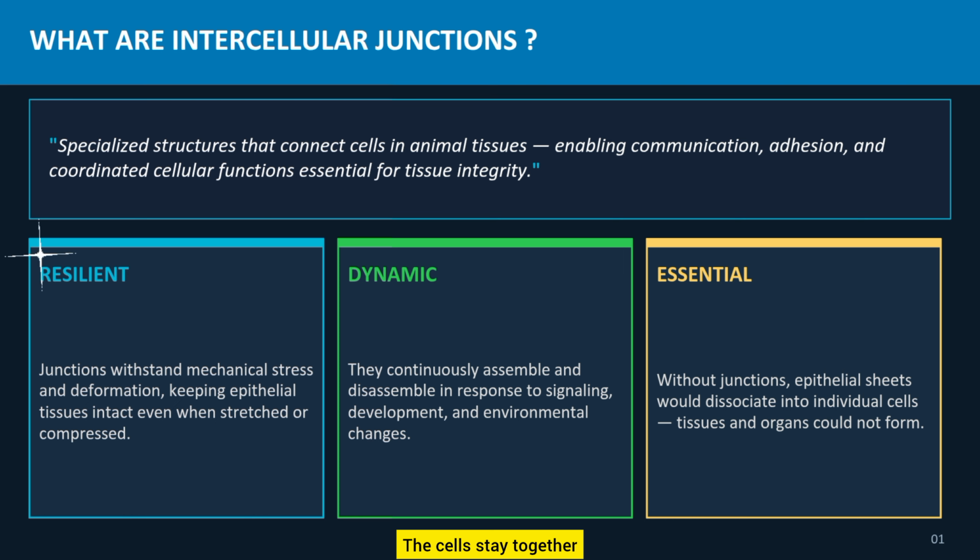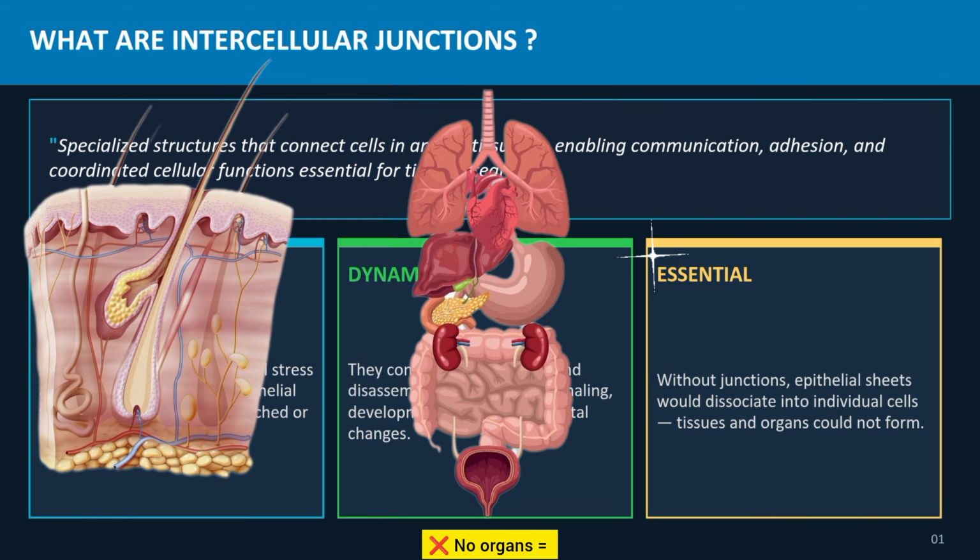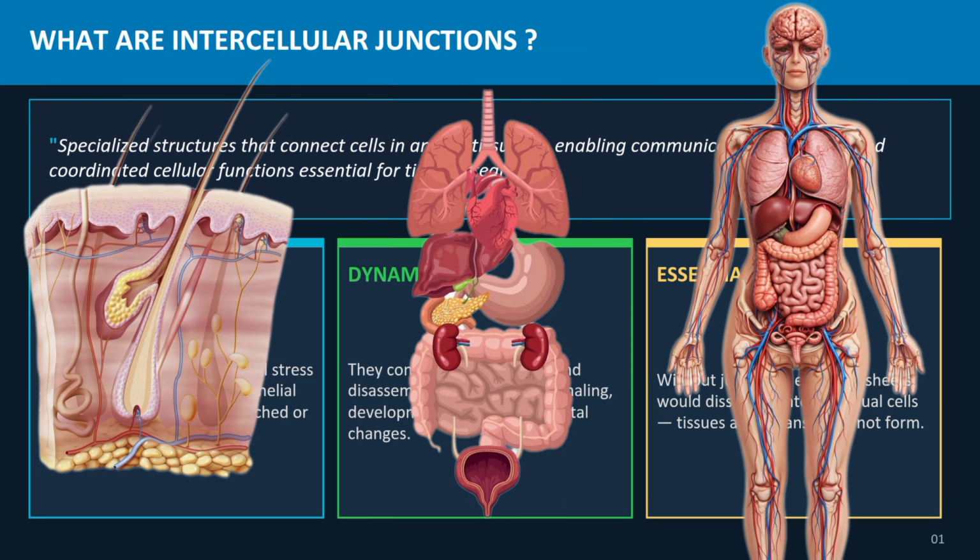The cells stay together because of these junctions. Dynamic. They are constantly being assembled and disassembled in response to development, healing, and signaling. Absolutely essential. Without them, your epithelial tissues would simply dissociate into individual floating cells. No tissues. No organs. No life.